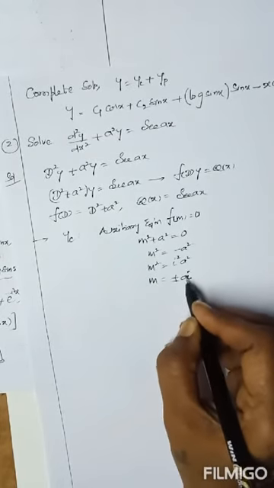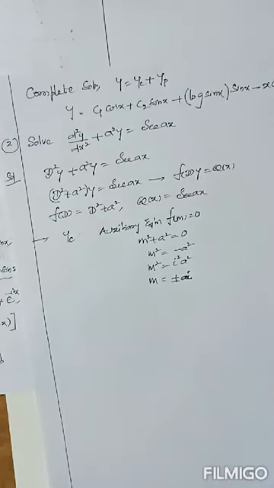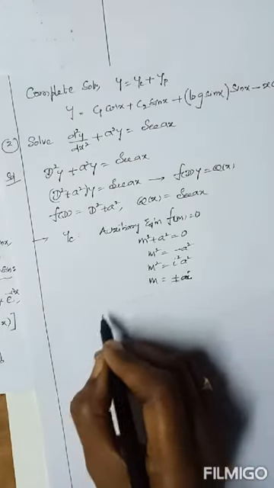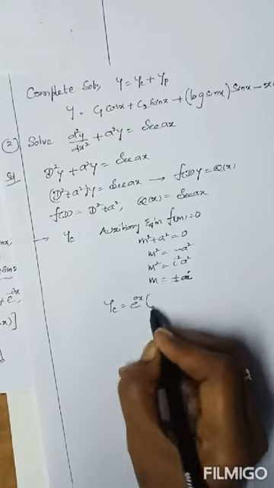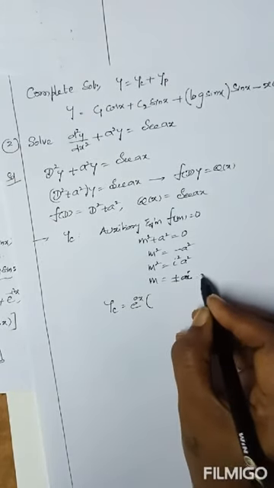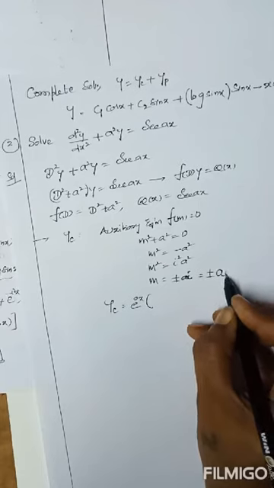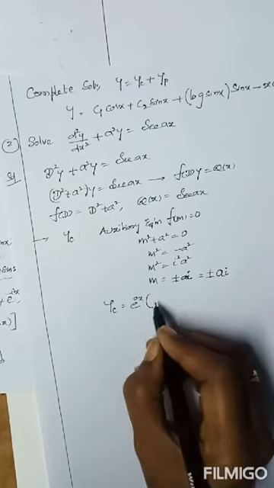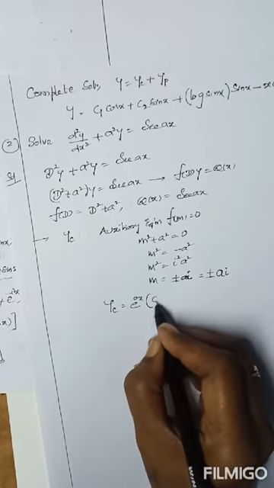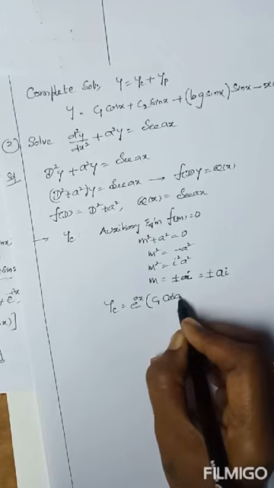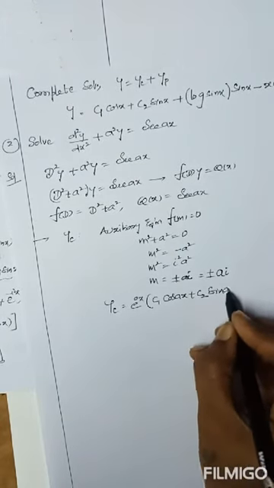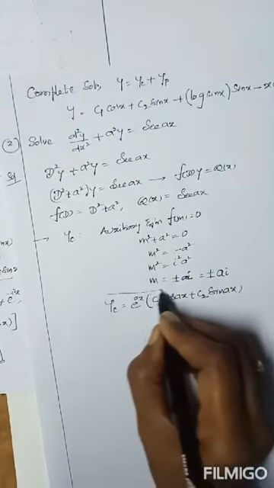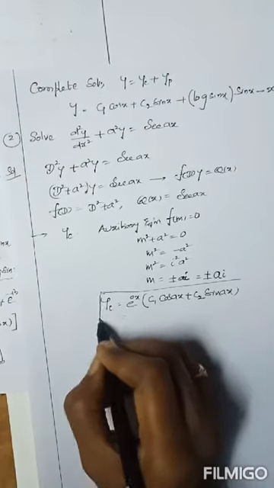Here there is an i, this is a complex number. Two complex numbers, plus ai and minus ai. The real part is 0, so for yc the real part gives e power 0x. The imaginary part is a. For this, the corresponding solution is c1 cos ax plus c2 sin ax. This is the value of yc.